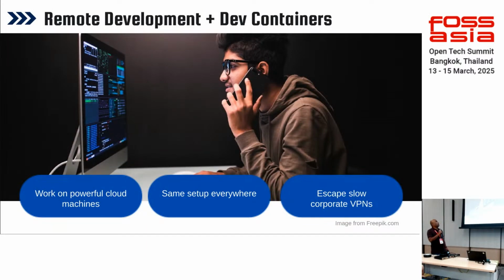And so how does it enable remote development? Now that we are in the AI world, we might want to build a model on powerful machines. For example, I may not have the GPUs that are required to build a model. I might go for a cloud provider who would give the GPUs.